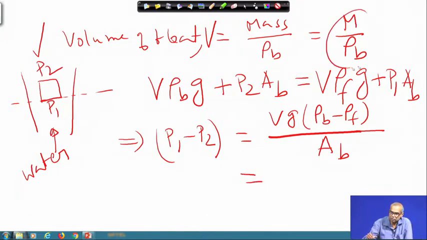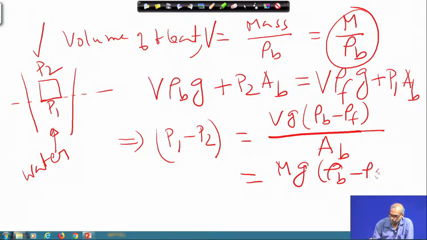V I can replace using this, so this will become M into g, rho B minus rho F, over rho B AB.